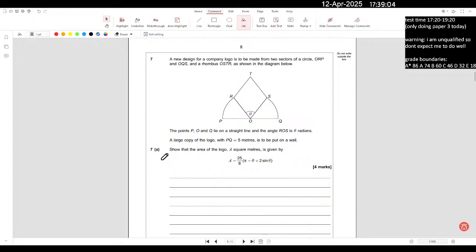Angle ROS is theta radians. PQ equals 5 meters is to be put on a wall. So, alright, this is 5 meters. Is O the midpoint of P and Q?